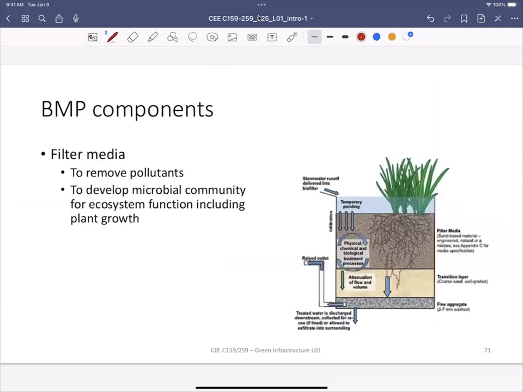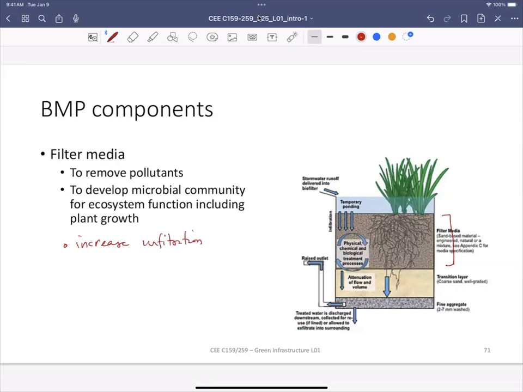The next component is filter media. Filter media is by far the most important component, which allows water to move quickly. This is usually a combination of sandy materials, because sand has high hydraulic conductivity. So the goal here is to increase infiltration and remove pollutants by directly absorbing them.